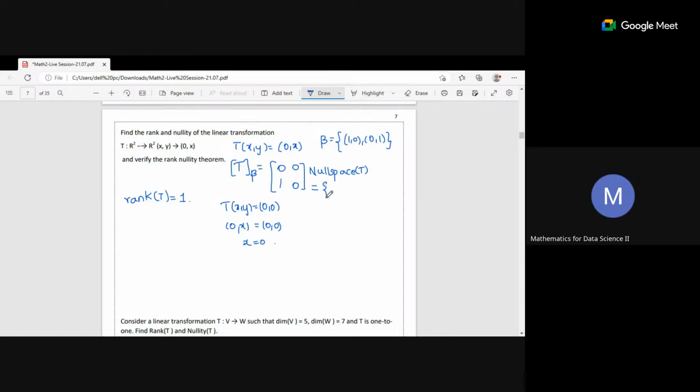So the null space is (0, y), the first coordinate is 0. So this is your null space, maybe I will say span of (0, 1). If there is only one vector in the span of a space, then what can you say about the dimension of that space?